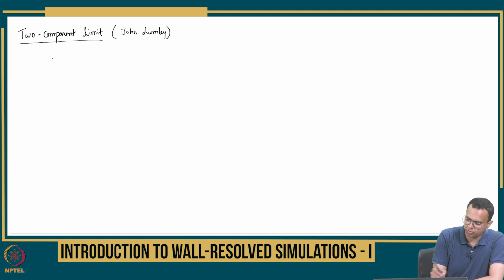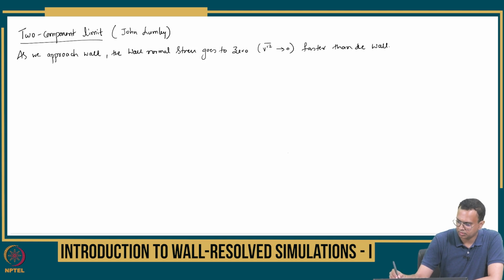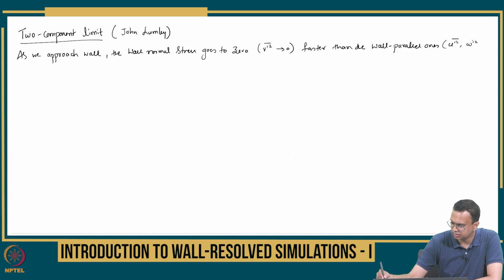What this means is, as we approach the wall, the wall normal stress, that is V prime square, goes to 0 faster than the wall parallel ones, that is your U prime square bar and W prime square bar.